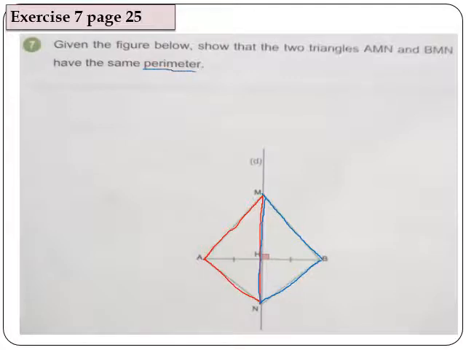To find the perimeter of a triangle, I have to find the sum of the sides. So it's required to prove that the sum of AM, MN, and AN is equal to the sum of BN, BM, and MN. First, if you look here, MN is a common side. Okay?